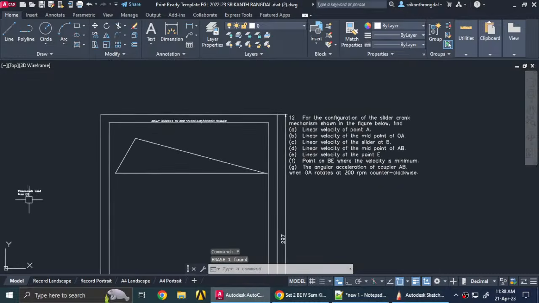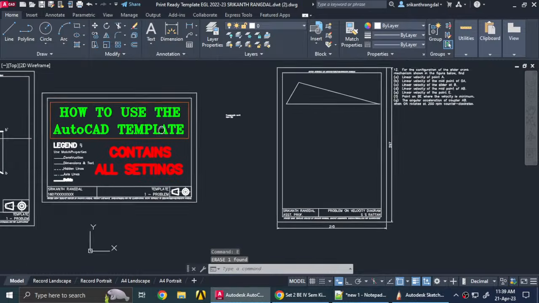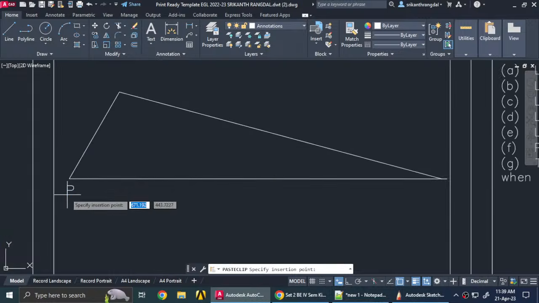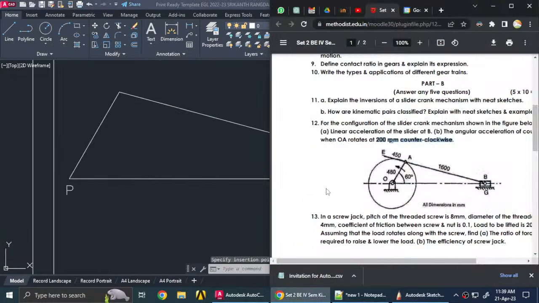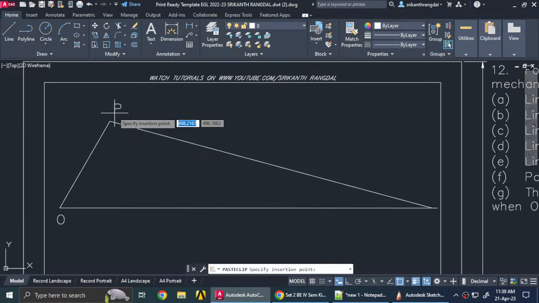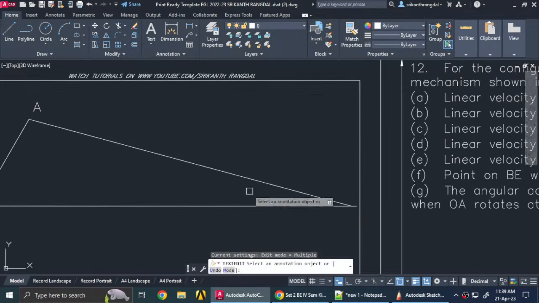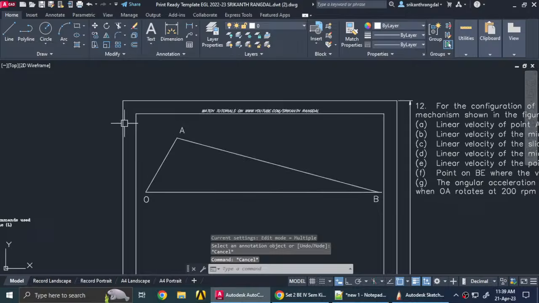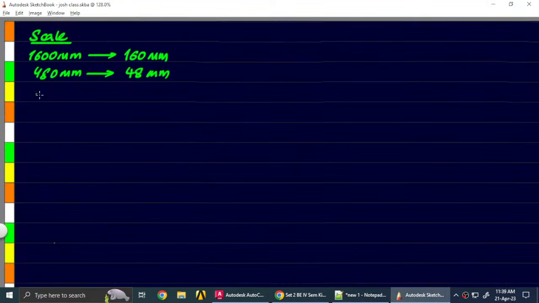Okay, so coming to name the points, this point is O, this point is A, and this point is B. Alright, and then we have to extend it backwards by a distance of 450 mm.